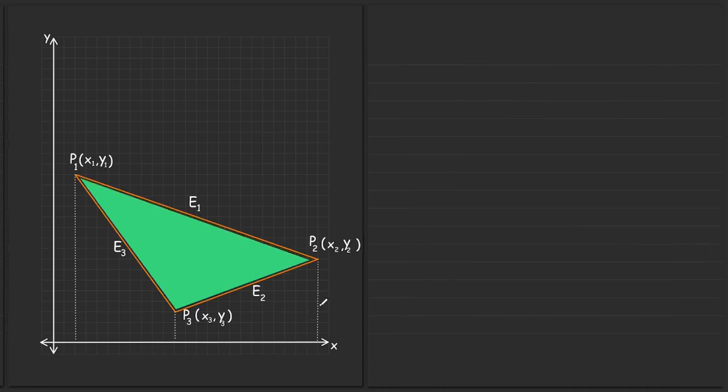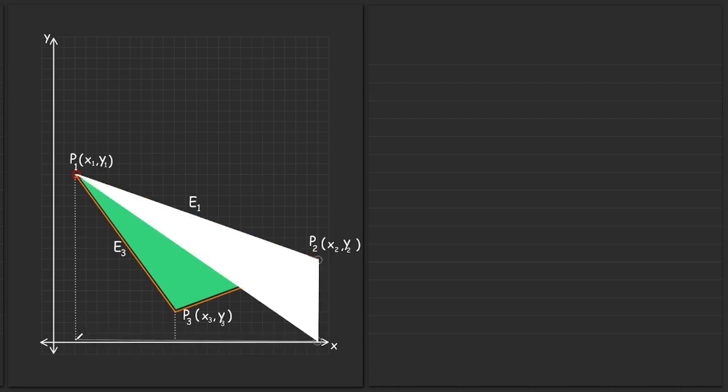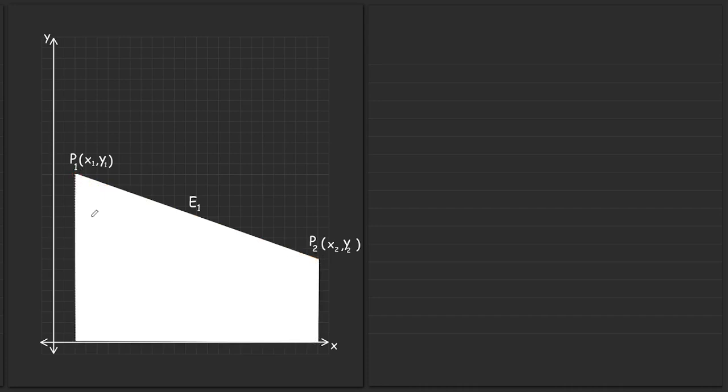So let's start by first of all solving for the area of the trapezium formed by E1. And by E1, I mean from this point all the way to this point, then coming down here. You see? So we want the area of this particular trapezium. That is going to be the first thing we want to do. So our area, that is of E1, is going to be what?